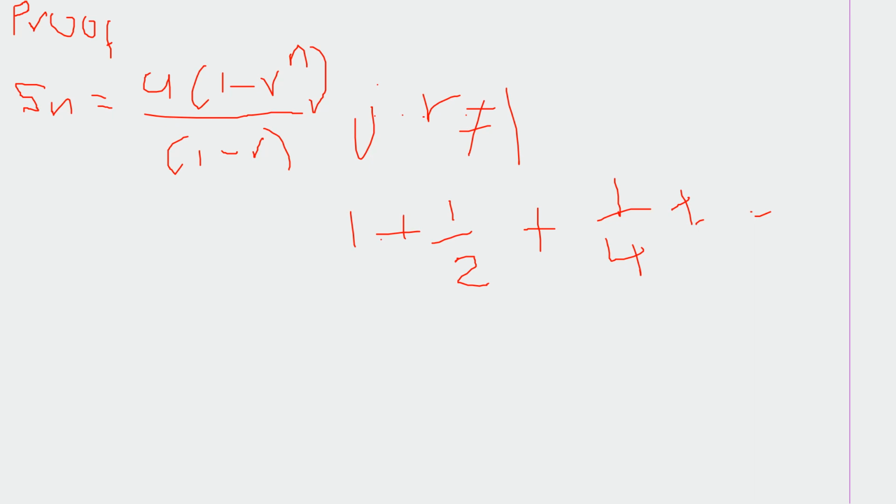So basically, in this case, when you move towards infinity in the number of terms, your sum, your Sn, will be approaching a specific number.